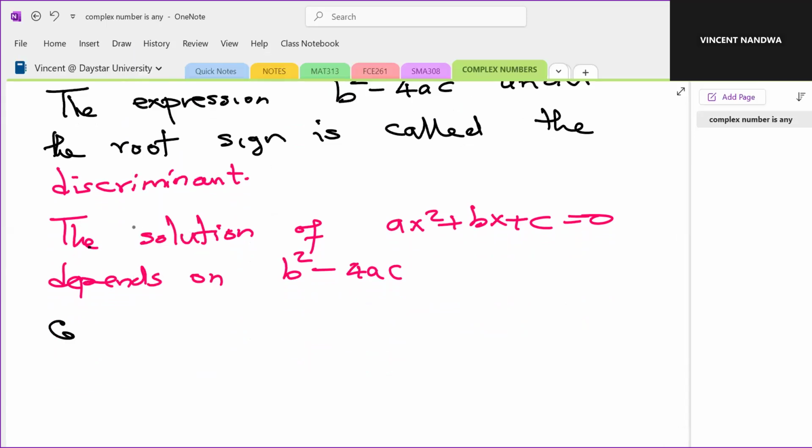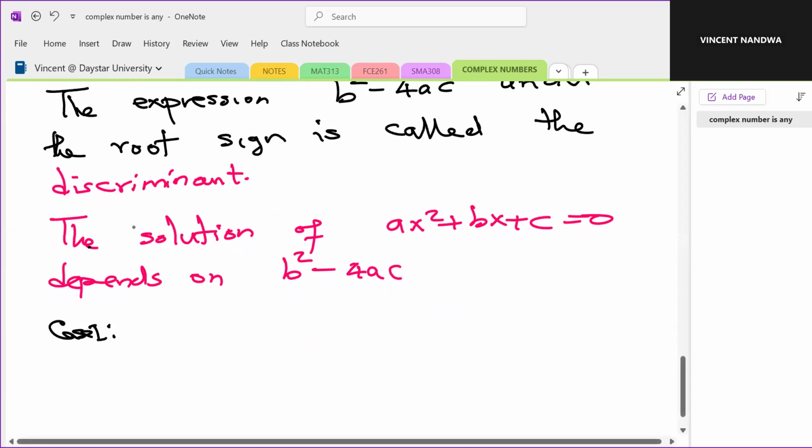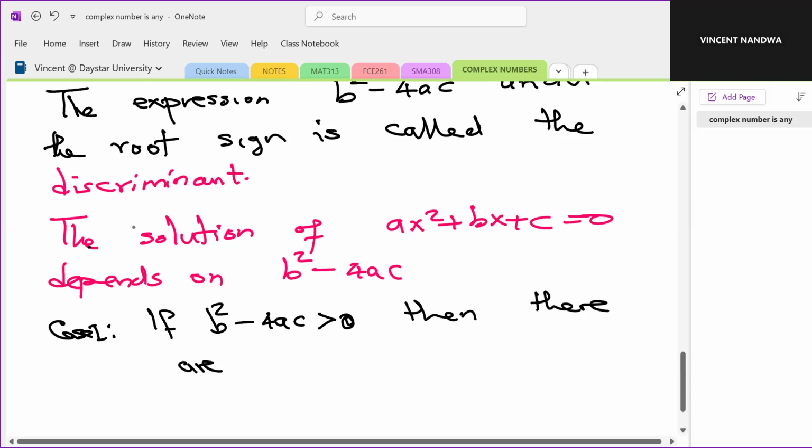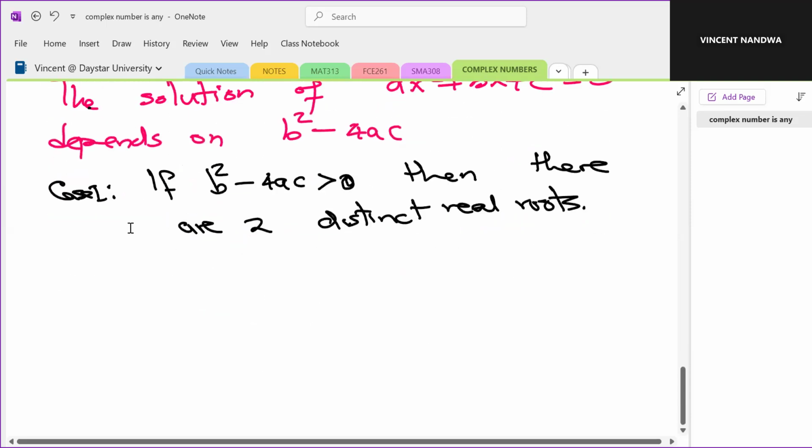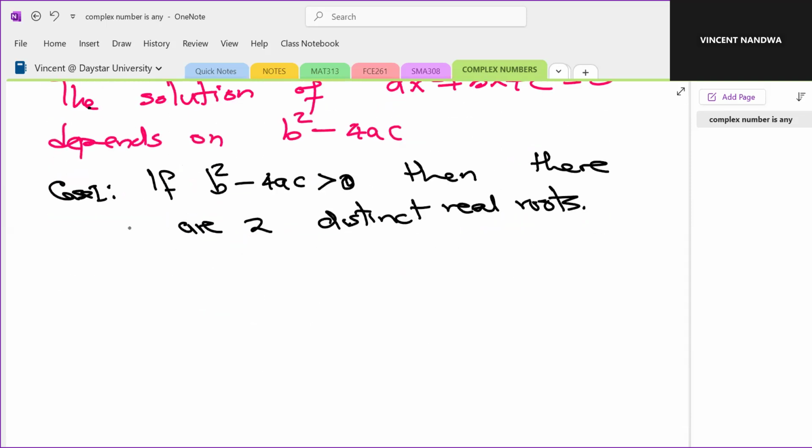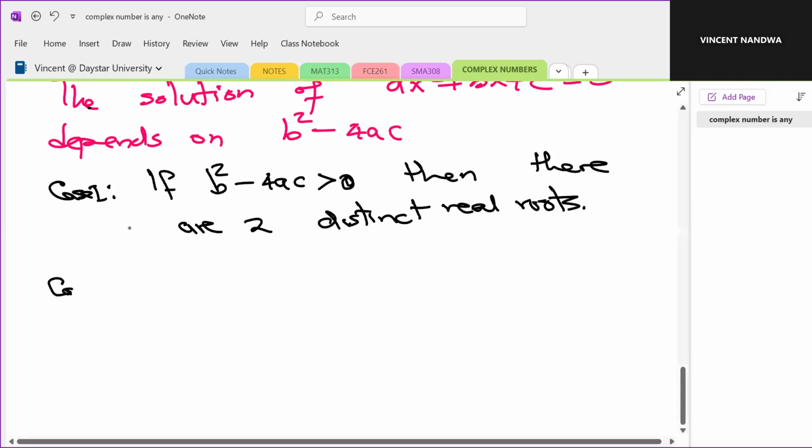So case one, if b squared minus 4ac is positive, that means greater than 0, then there are two distinct real roots. So the quadratic equation will have two solutions, both of them whose value will be real numbers.